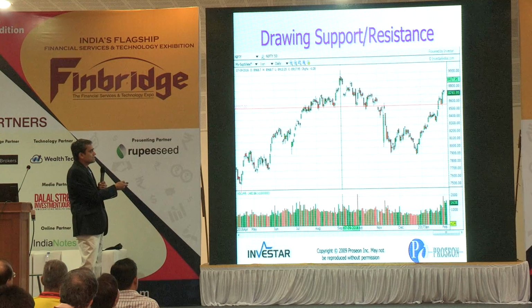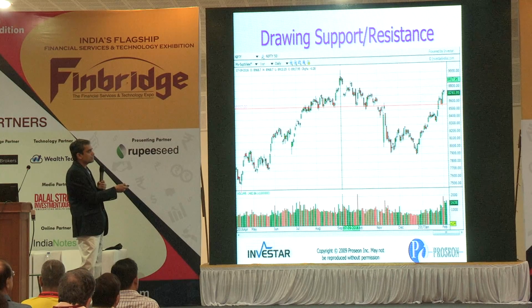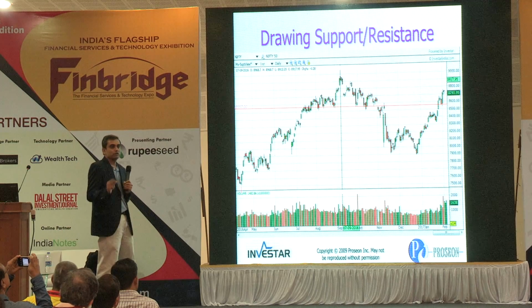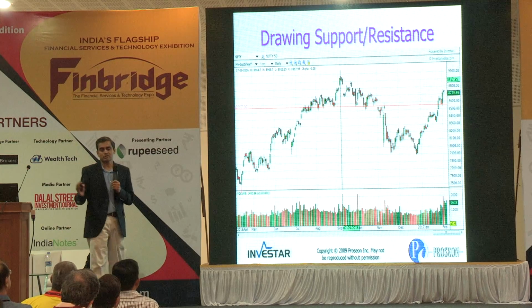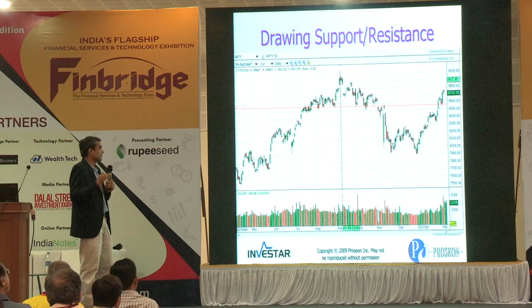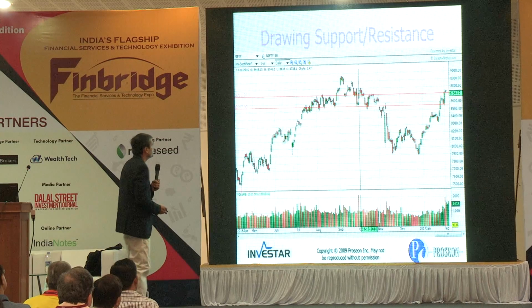Once it breaks down, you can see that the same support level is turning into a resistance, right? And then recently, after that resistance was broken, the Nifty came back down, got a support here and bounced back up. So that's the beauty of support resistance analysis: once you have drawn the support and resistance levels, the roles are reversing, okay?